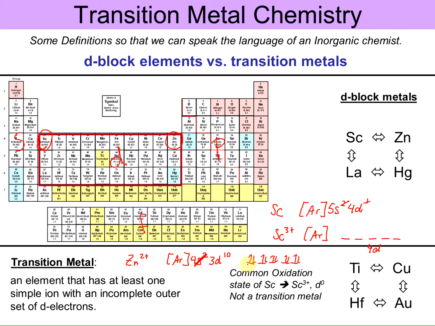Well, notice that each one of these spots in the orbitals are completely full, so there's nowhere for an electron to go if it moves. So zinc can't be a transition metal because all the orbitals are completely full for the d electrons. So if all the orbitals are completely full, or if there are no electrons in the d orbitals, then it can't be a transition metal.